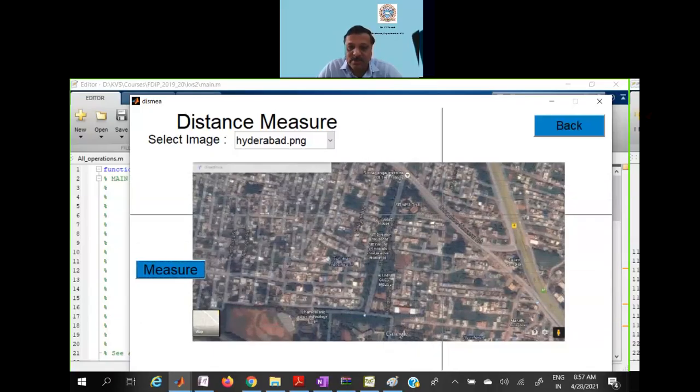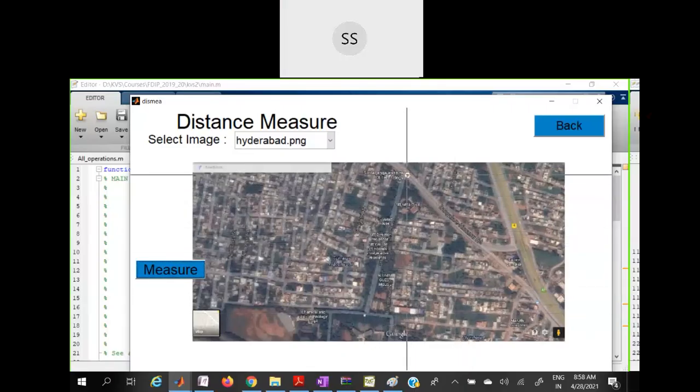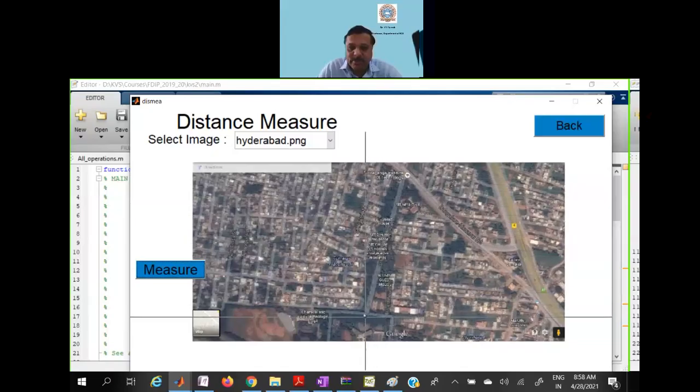This is BH Road. Is this window visible to you? Are you seeing a map? Yes, sir. Okay, so this is BH Road, and this is the Infinity Road. That means from BH Road to the main building when you move. And this is the main building here, your administrative block.